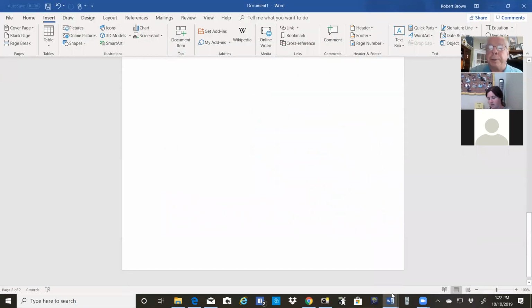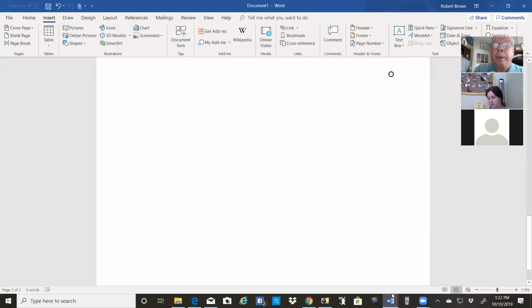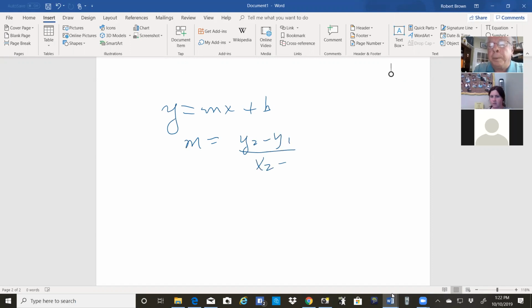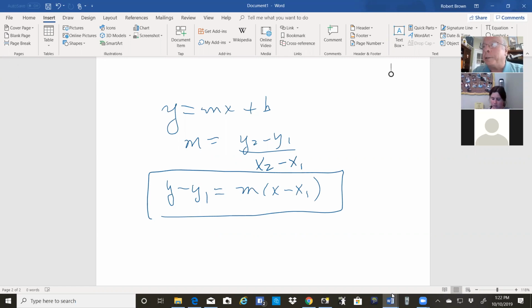But for instance, knowing that y equals mx plus b, and the slope is y2 minus y1 over x2 minus x1, and that the equation for a line is y minus y1 equals m times x minus x1 if you have the point and the slope.